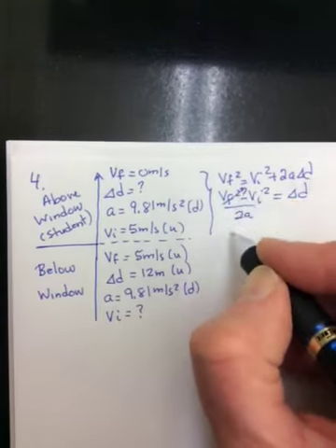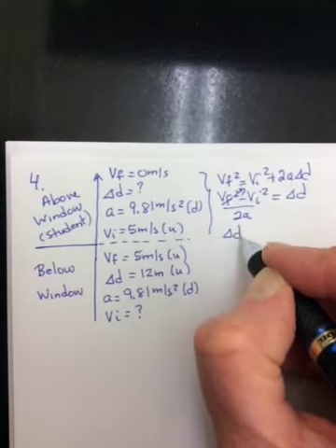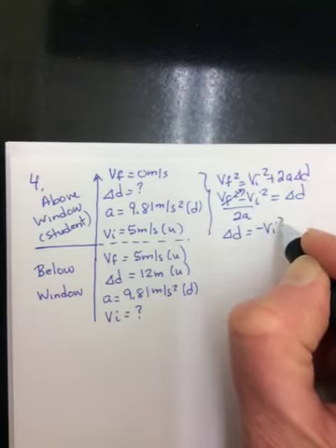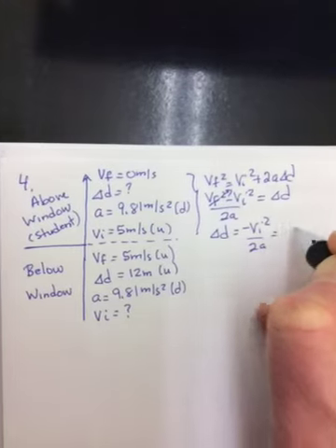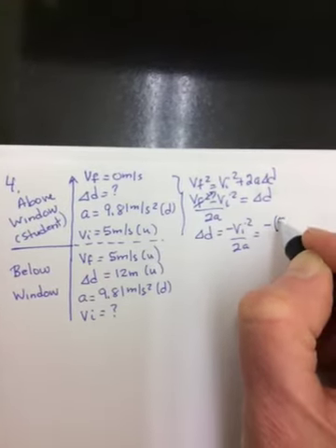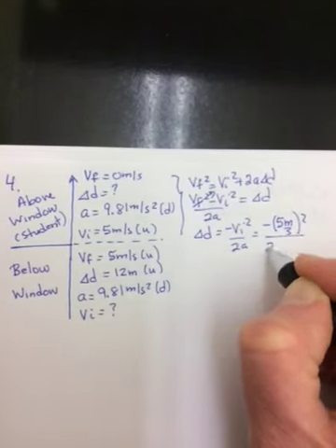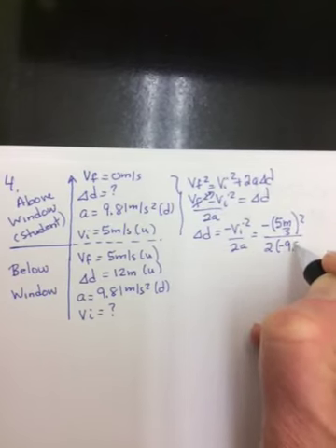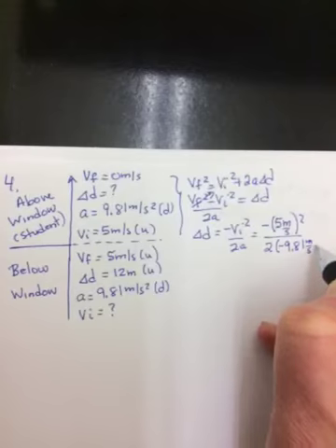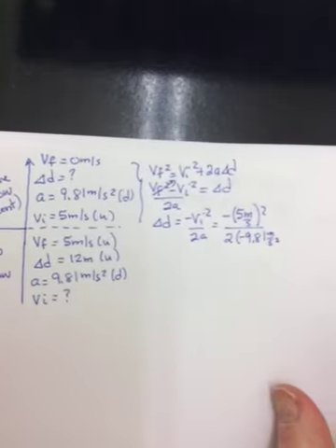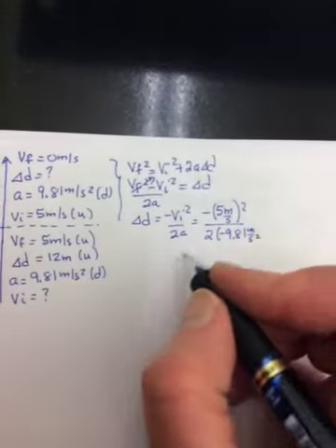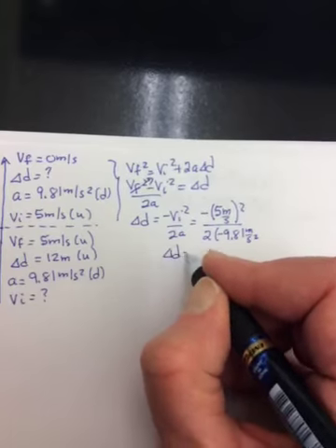And like I said, the VF goes to 0. So it'll be delta D is equal to negative VI squared over 2A. So negative brackets 5 meters per second, and that gets squared, divided by 2 times negative 9.81 meters per second squared. Okay? And you're going to solve for your delta D here.